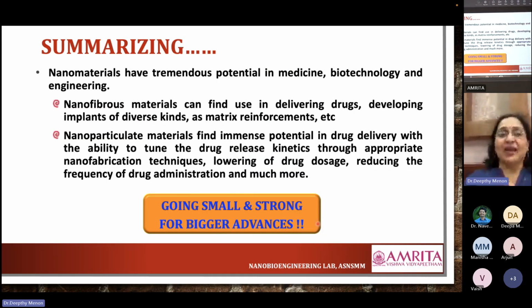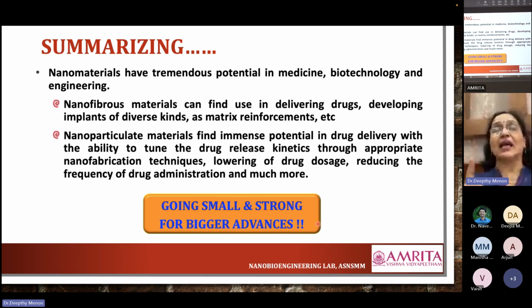So I summarize. I have presented to you two different kinds of materials. One is nanofibrous materials, which can be utilized in delivering drugs, developing implants of diverse kinds, and also as matrix reinforcement. Nanoparticulate materials can also be developed with tunability in drug delivery kinetics for diverse applications, for cancer, for any kind of renal diseases, for cardiovascular diseases.